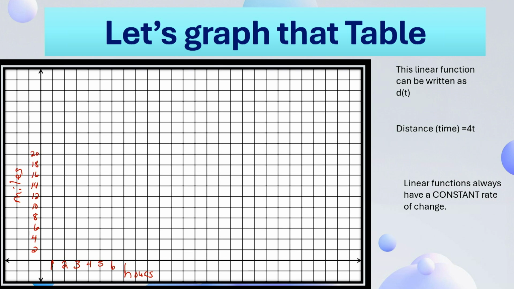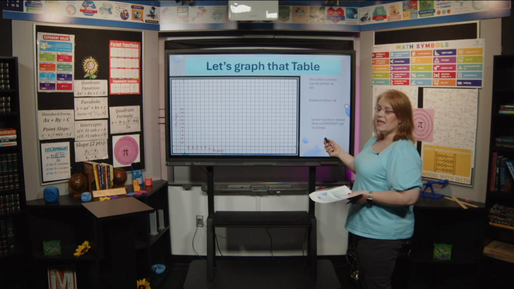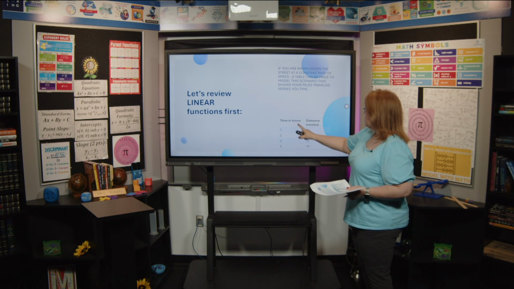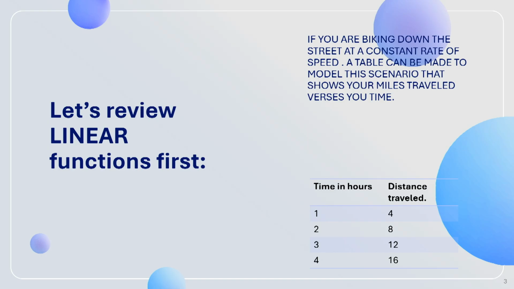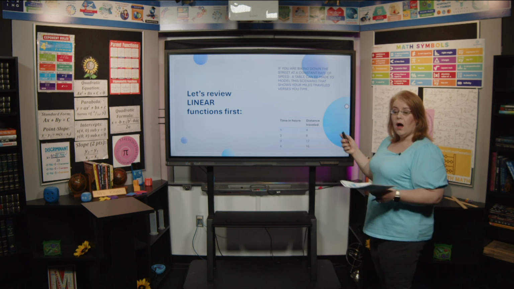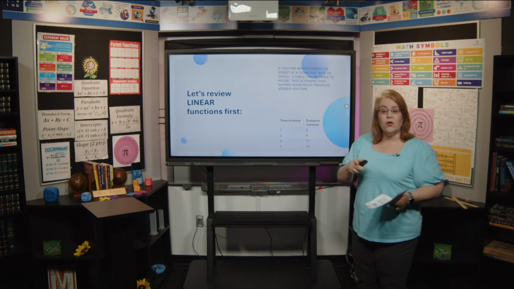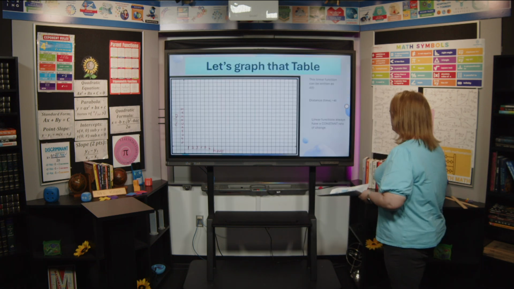Now, look back on your notes page to where we see that table. It says 1 hour, 4 miles; 2 hours, 8 miles; 3 hours, 12; 4 hours, 16. Let's go ahead and put those points on your graph. I'm going to do it on the board. You go ahead and label yours on your notes page, and let's see what we get.